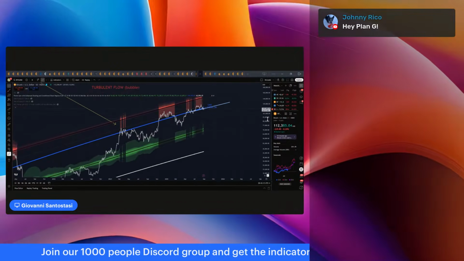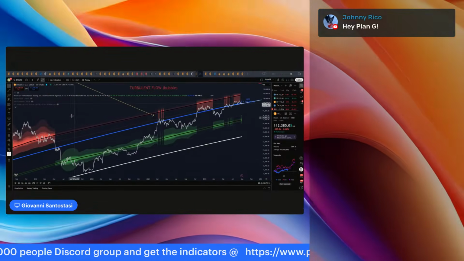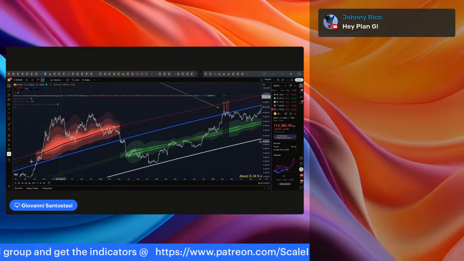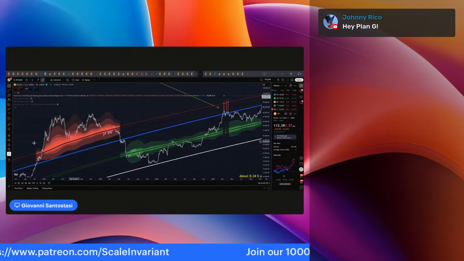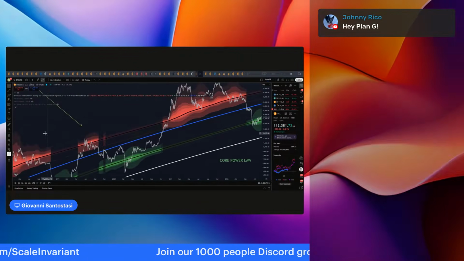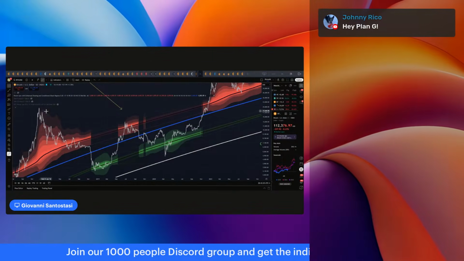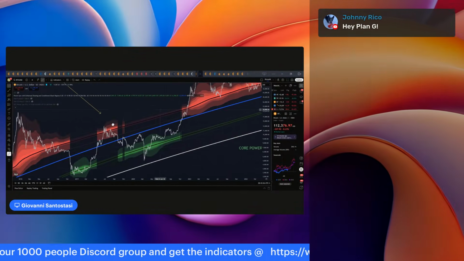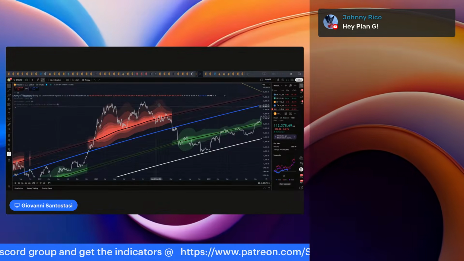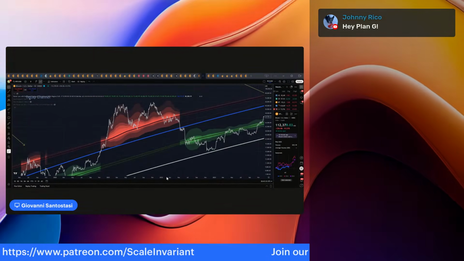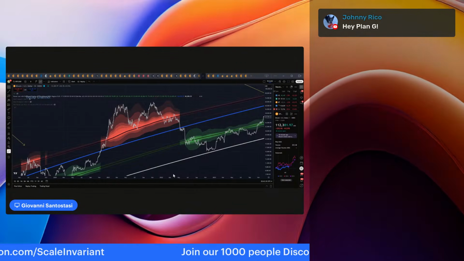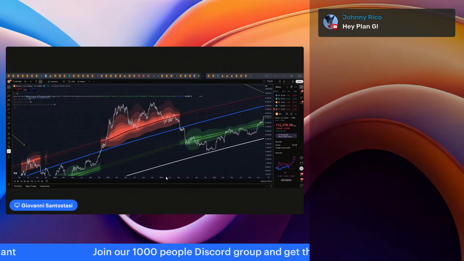Just to give you an example, last bubble, these were much milder peaks than what we had in the past. So deviations like 5, for example.